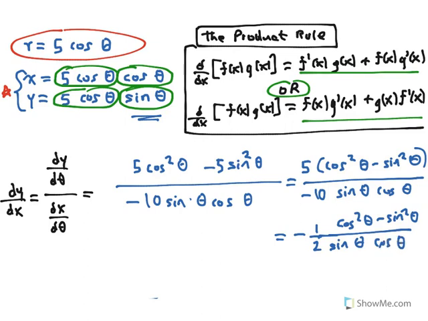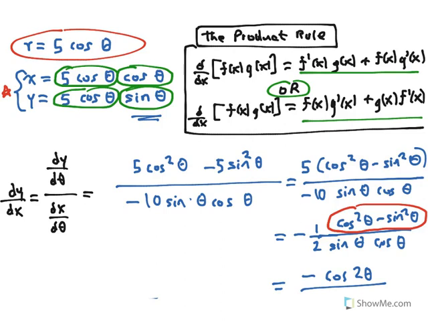You can simplify even further using trig identities. There is a double angle formula that tells us that cosine squared theta minus sine squared theta is cosine of 2 theta. So that will give you minus cosine of 2 theta in the numerator.